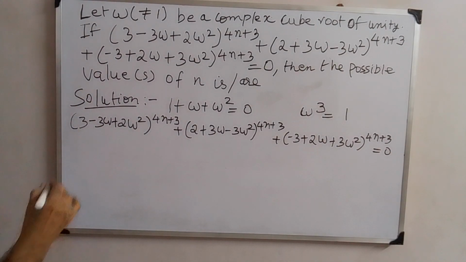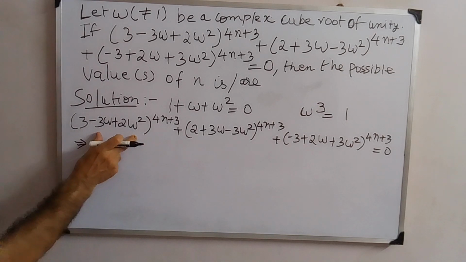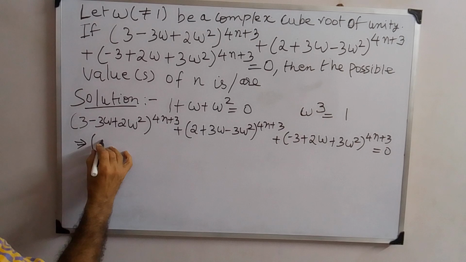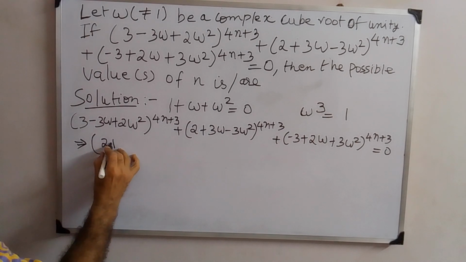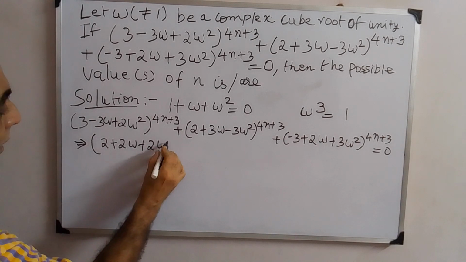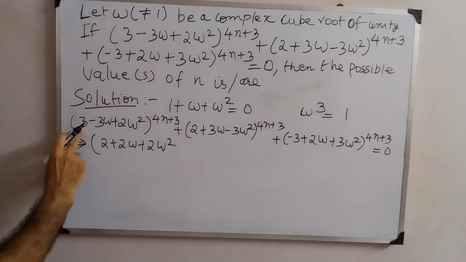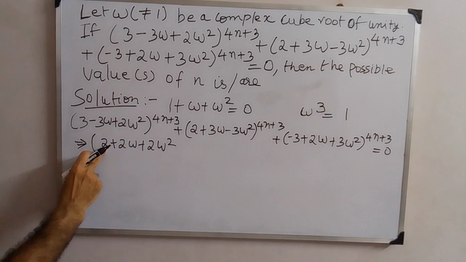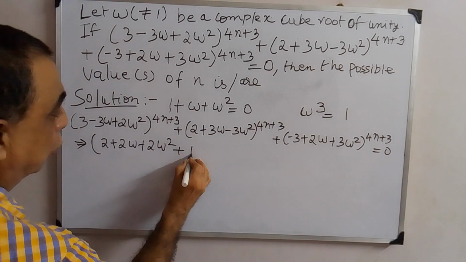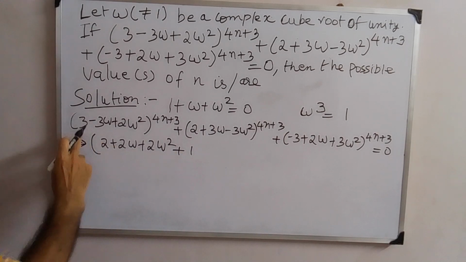Now see what we will do. I am writing this expression like this: 2 plus 2 omega plus 2 omega squared. Here I have written 2, but here it is 3, so I have to add 1 more; 2 plus 1 will become 3.